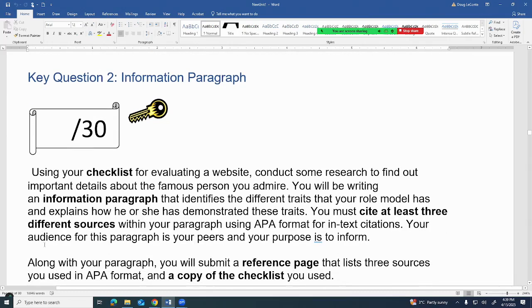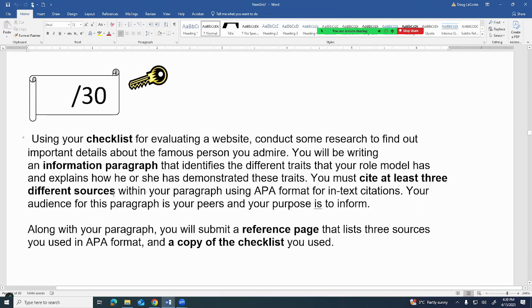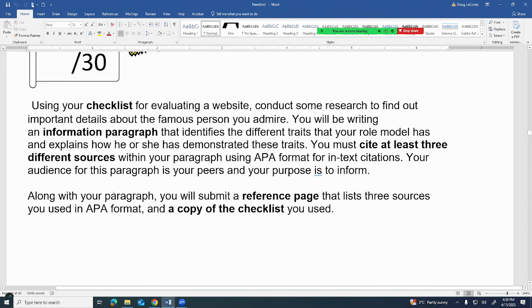All right. So let's take a look at this. Using the checklist for evaluating a website, so you can get that off of the information that we've given to you earlier on in the unit. Conduct some research to find out important details about the famous person you admire. You'll be writing an information paragraph that identifies the different traits that your role model has and explains how he or she has demonstrated those traits.